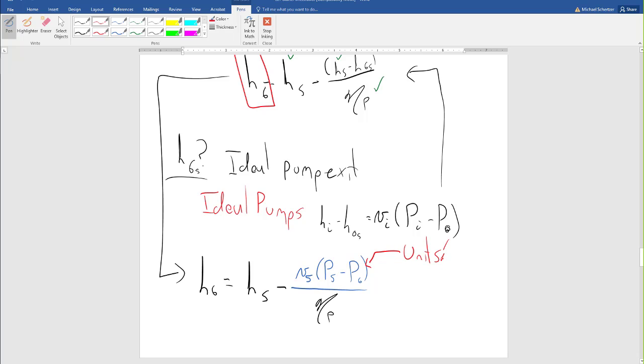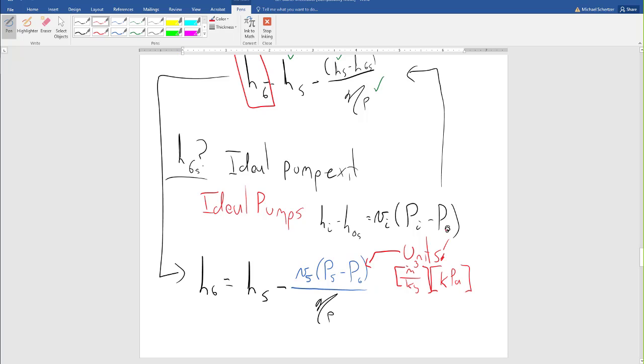Check your units here, right? This is a metric problem. So I want this to be, because the specific volume is going to be in meters cubed per kilogram, right? But this pressure difference, I want to be in kilopascals, right?